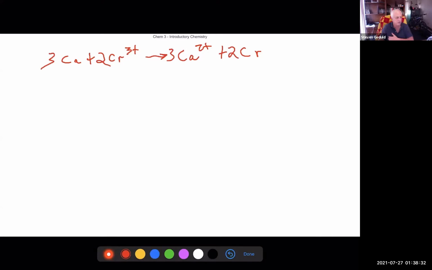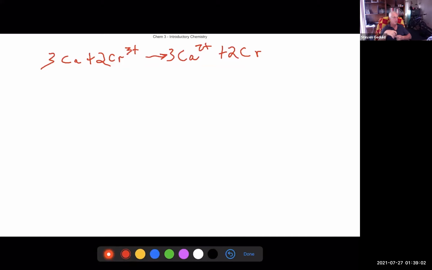Now my elements are balanced, and my charges are balanced. I have +6 on the left, 2 times +3, and +6 on the right, 3 times +2. So you have to remember to balance the charge also when you're dealing with oxidation reduction reactions.